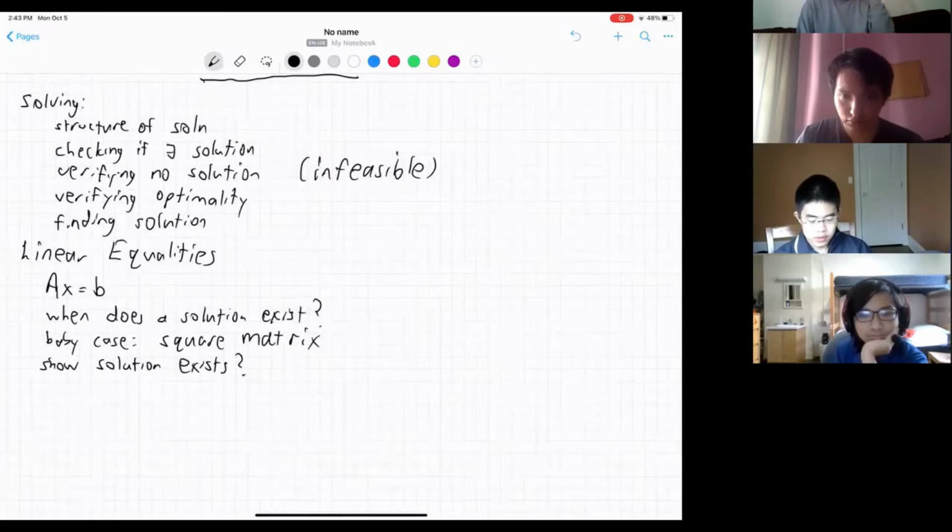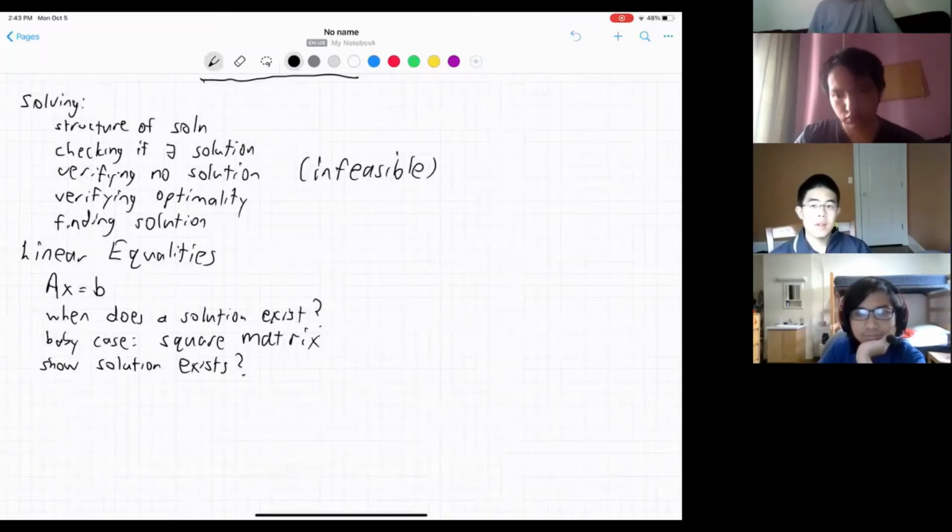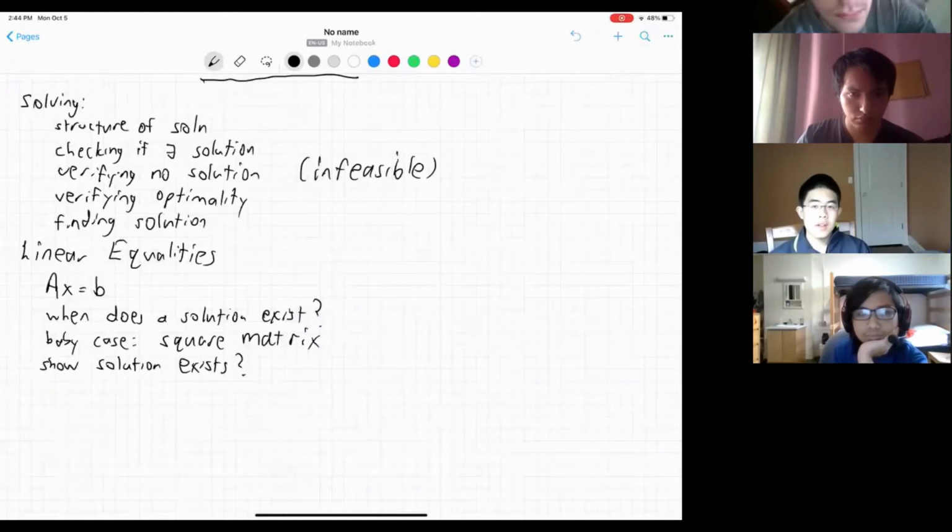You check if A is invertible. Okay, so I can certainly check whether A is invertible since it's square. Now, if it is invertible, that tells me there is a solution, right? I'll record that in the notes in a minute. If it's not invertible, does it tell me anything? No.